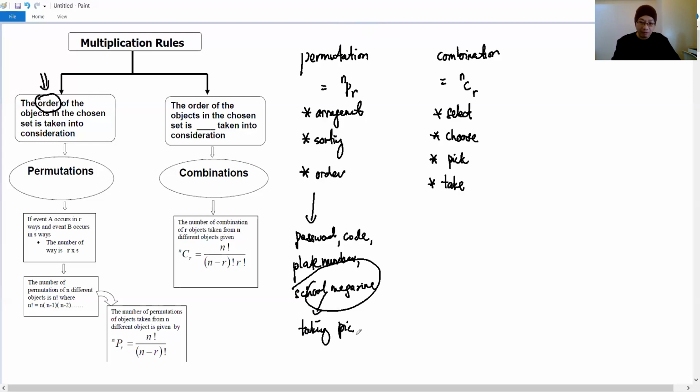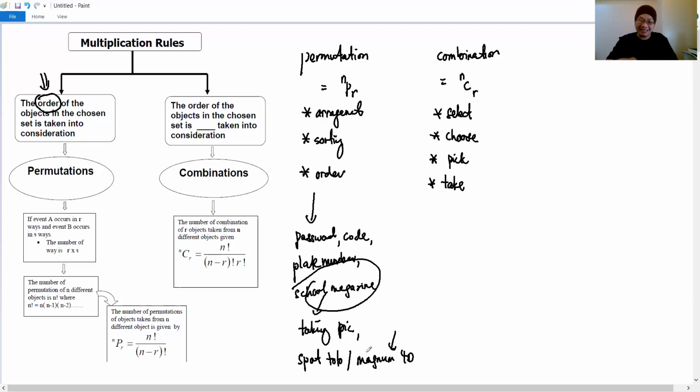I think one more thing is spot toto, it just came to my mind. Or what we call Magnum 4D. For this one we need to arrange the numbers also.